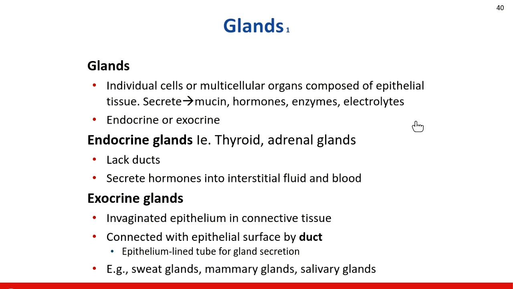And so they're going to secrete things. The goblet cell we saw secreted mucin, which when mixed with water becomes mucus. But some of these multicellular glands will secrete things like hormones, like the thyroid gland, for example, or the adrenal glands, enzymes or electrolytes. So keep that in mind. Glands are going to secrete things.